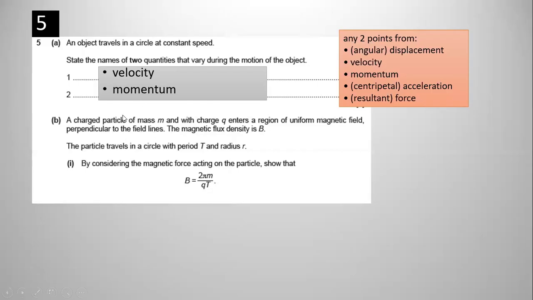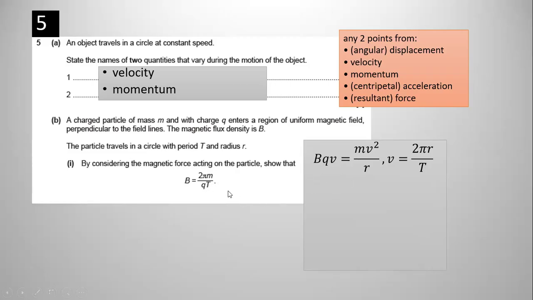Okay, a charged particle of mass m and charge q enters a region of uniform magnetic field perpendicular to the field lines. The magnetic flux density is B. The particle travels in a circle of period T and radius r. By considering the magnetic force acting on the particle, show that, okay, as usual, your magnetic force equals centripetal force.